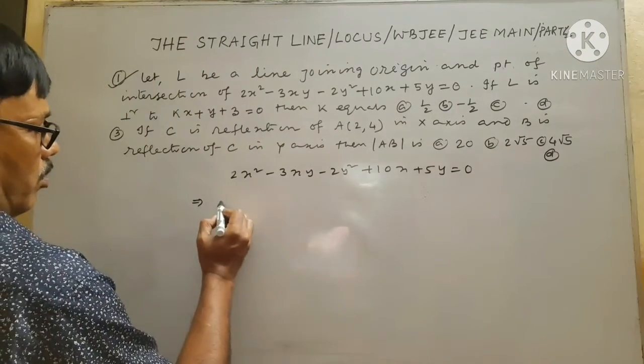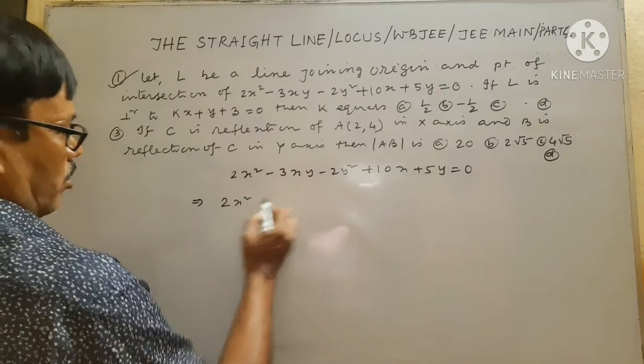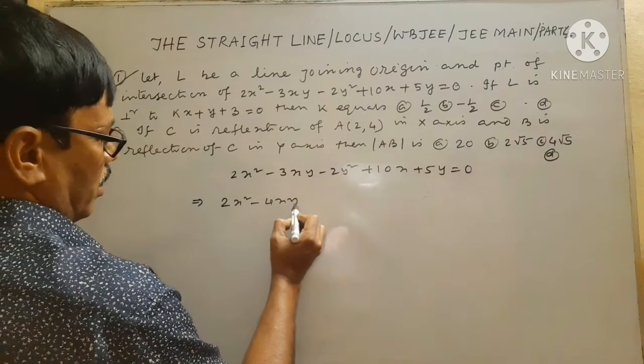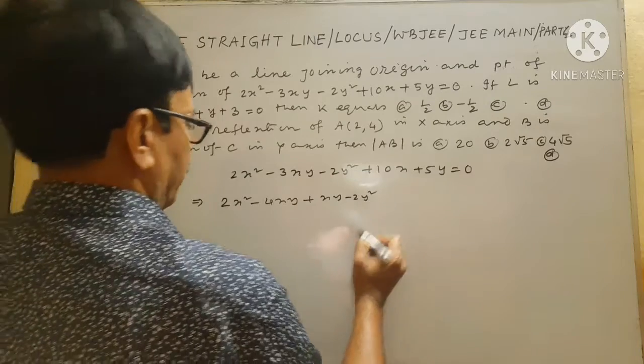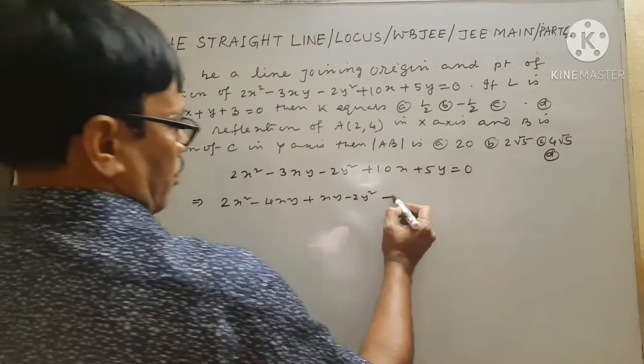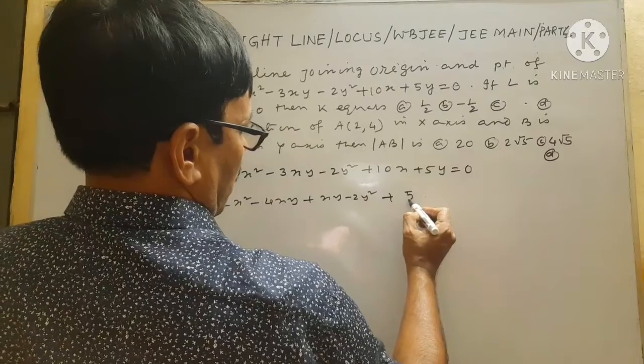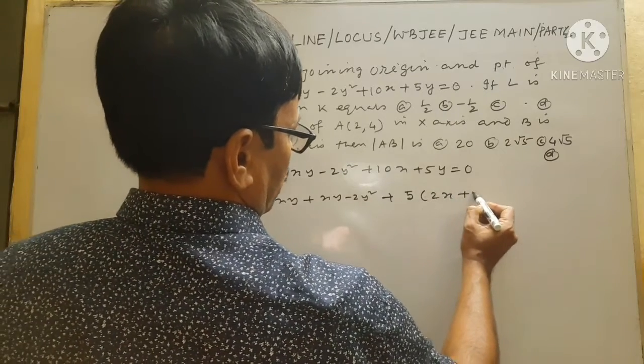So if we factorize 2x square minus 4xy plus xy minus 2y square plus 5 common 2x plus y.